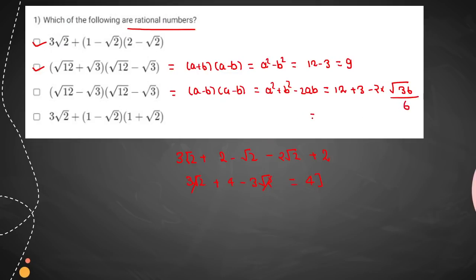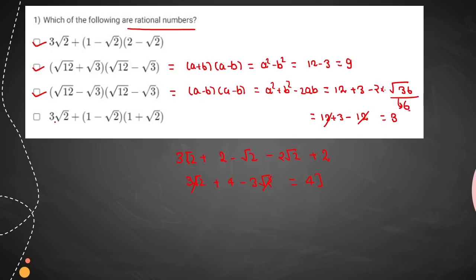So it will be equal to 12 + 3 - 12, since 6 times 2 gives 12. The 12 and minus 12 will balance each other, so finally it will give 3. So 3 is a rational number, so that's why the third option is also correct.